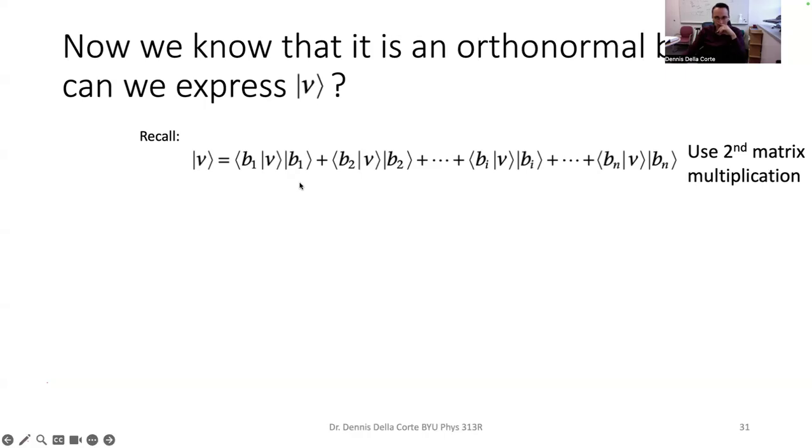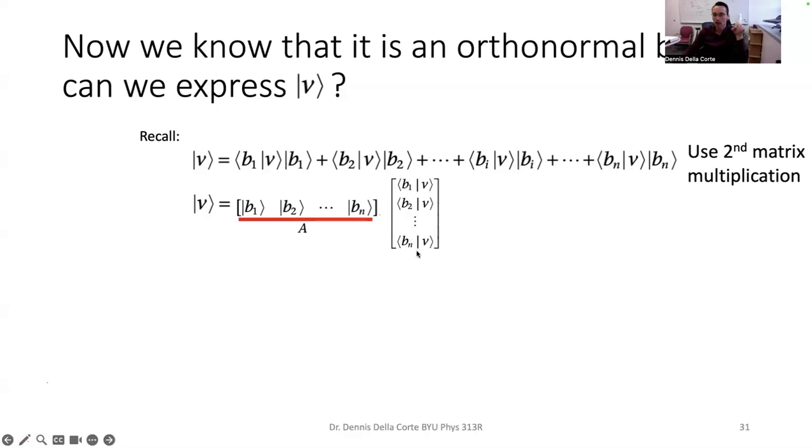If you think about this here, on the right side, you have these column vectors, b1 through bn, and they're all weighted by these probability amplitudes. So you could rewrite this line by saying, hey, I just write out all of my column vectors, b1 through bn, and then these probability amplitudes I write down as the weights by which they're being added together, like that.